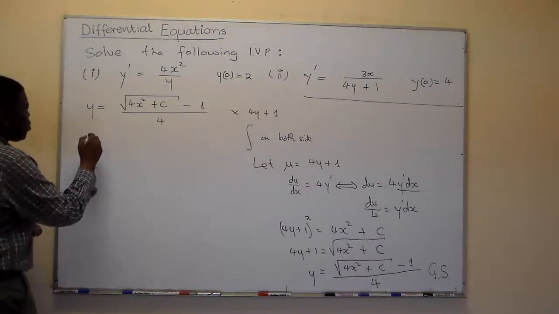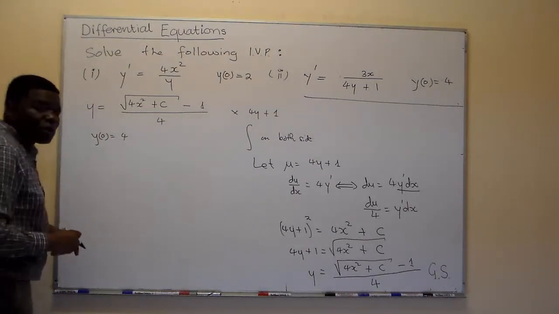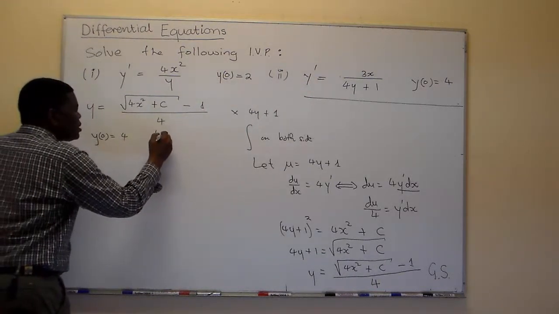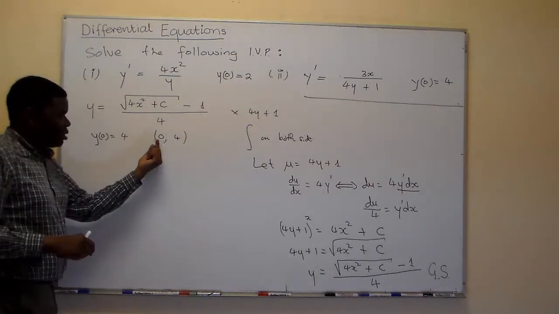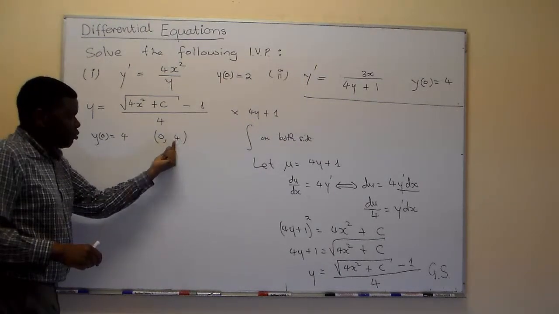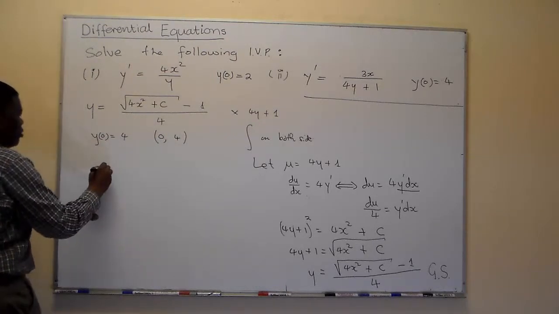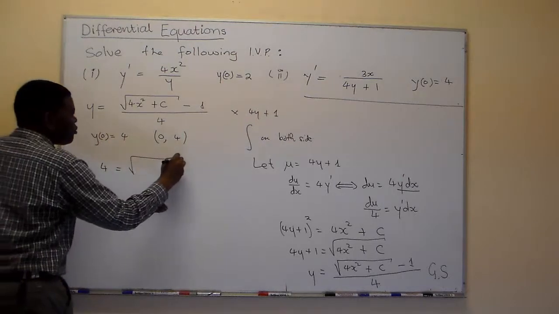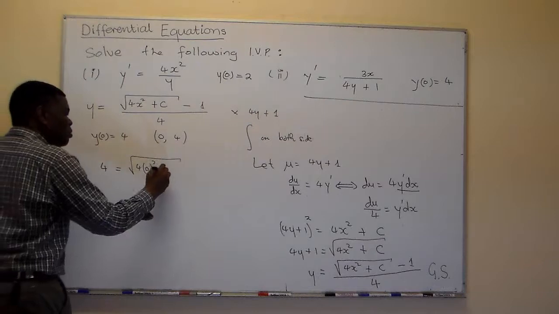Recall that when we say y at 0 is equal to 4, we actually mean that the function we're obtaining here passes through the point (0, 4), which means our x coordinate is 0 and y is equal to 4. So substituting that here, we get 4 equals the square root of 12 multiplied by 0 squared plus c, minus 1, all over 4.